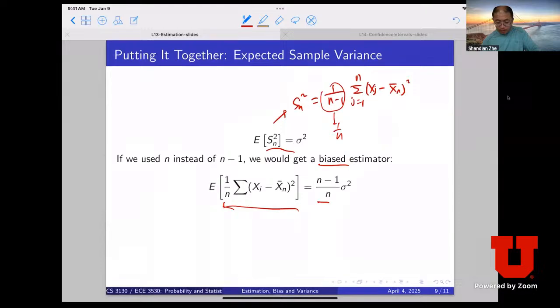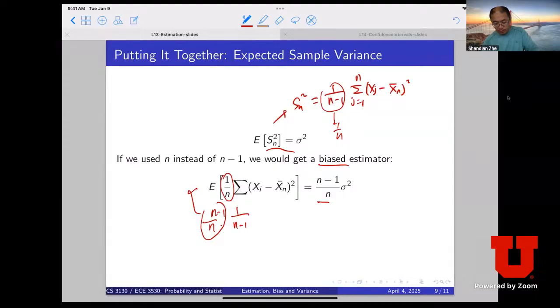It's very easy to show this because this can be written as 1 over n times n minus 1 over n minus 1. So you just move this factor outside of the expectation, and inside the expectation you put 1 over n minus 1 here.